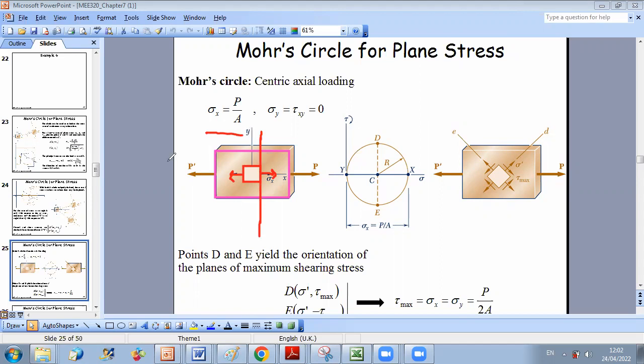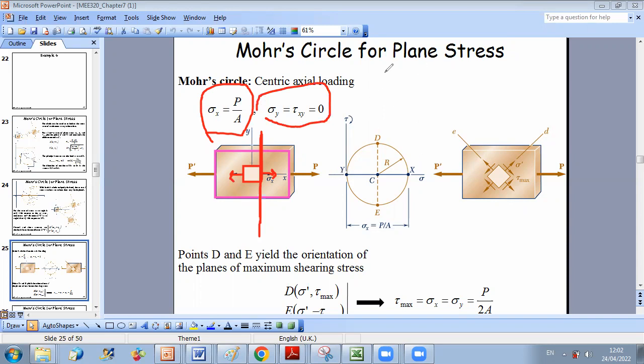And since I only have axial load along this, for this space, I just have a normal stress. I don't have bending moment. I don't have torsion. So I can say then that I only have sigma along the axial direction. So for this state, I have sigma x equal P over A and sigma y and tau xy equal to 0. If I want to represent this state of stress on Mohr's circle, I just have to put my 2 points.